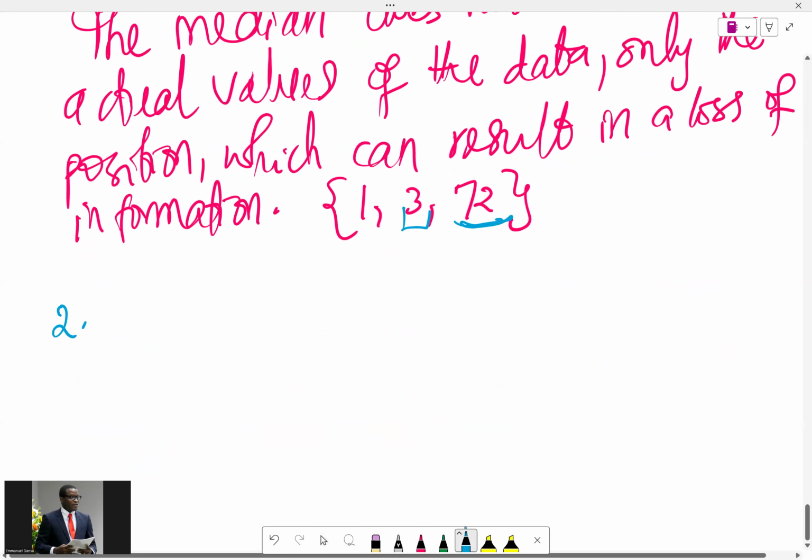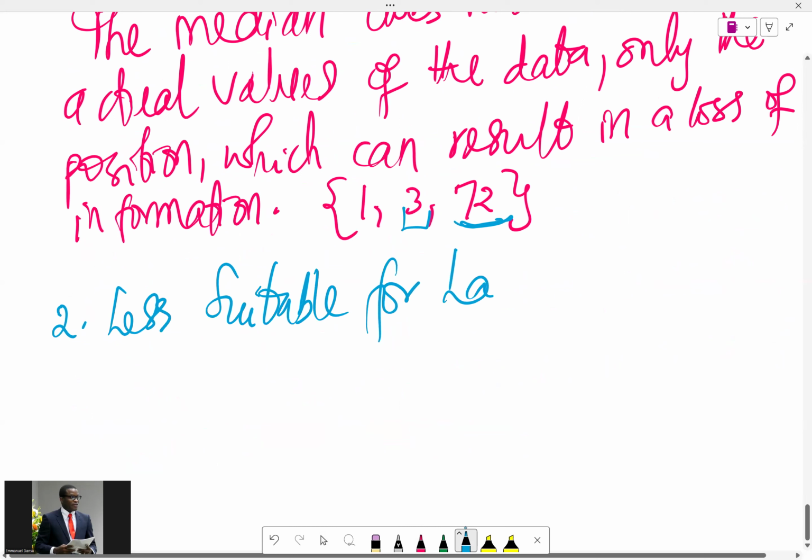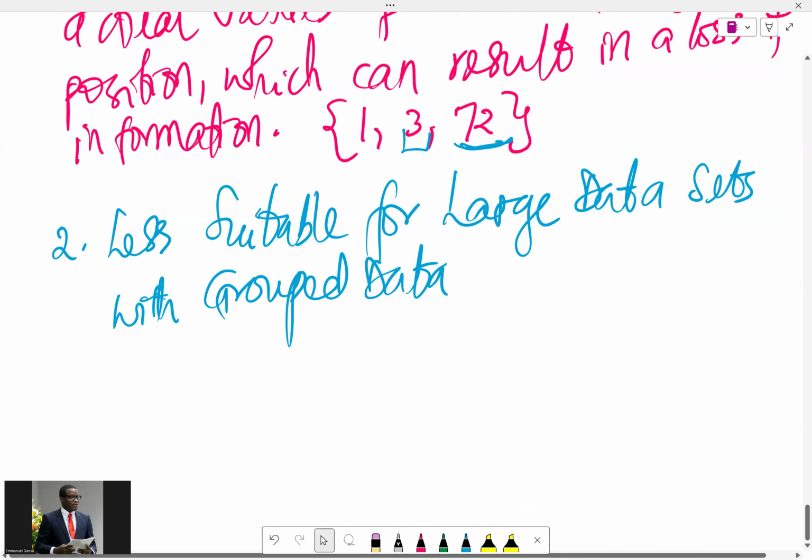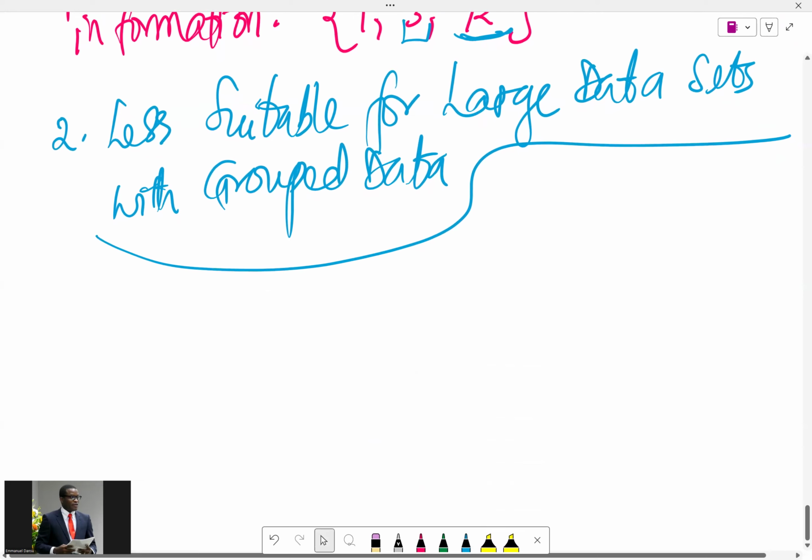Two, it is less suitable for large data sets with grouped data. If you have large data sets, it becomes pretty difficult to find, and it's not as easy as you might want it to be.